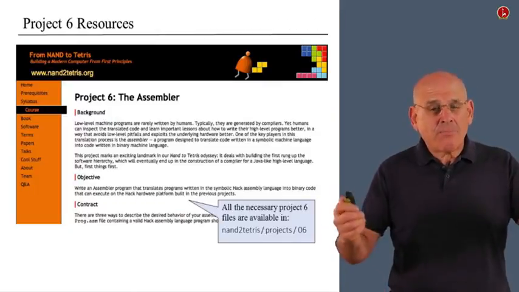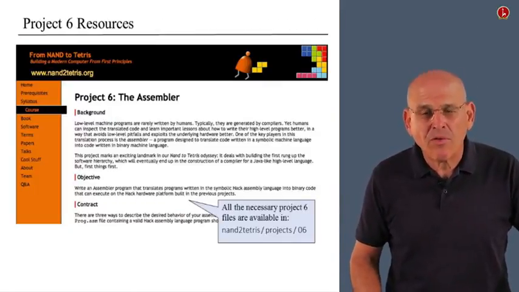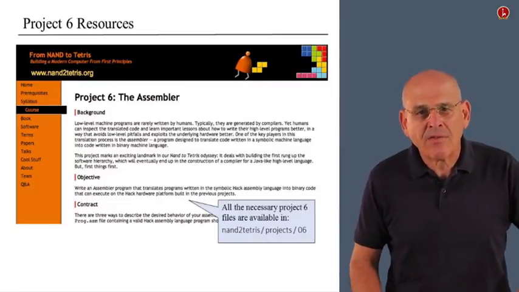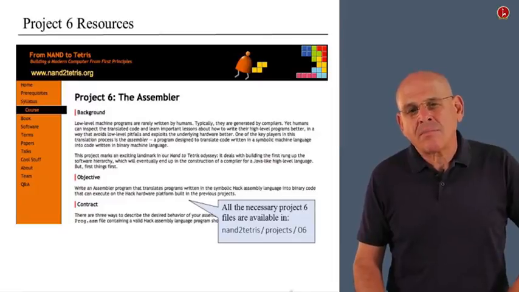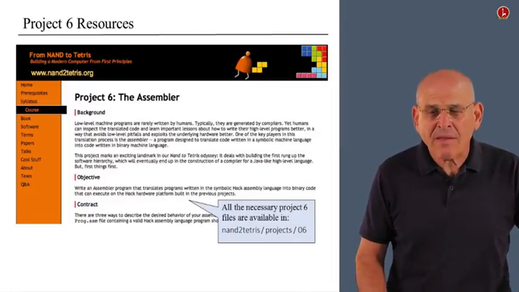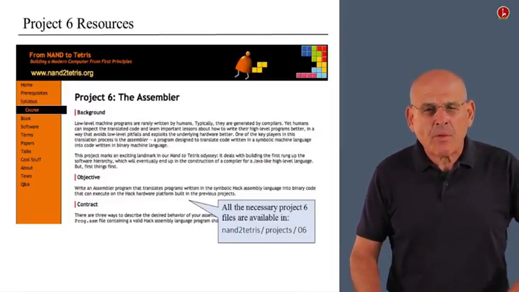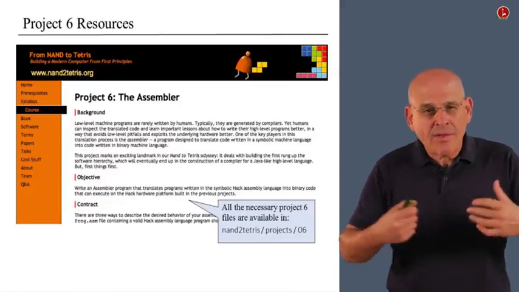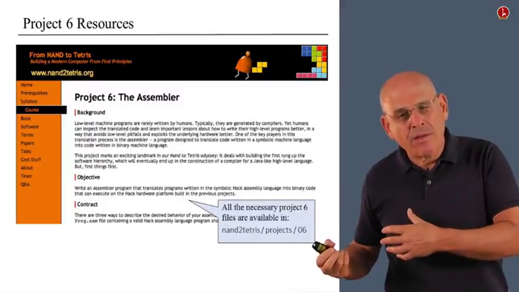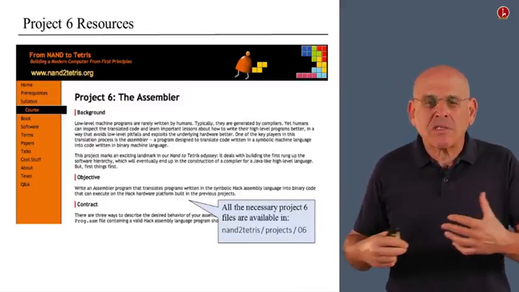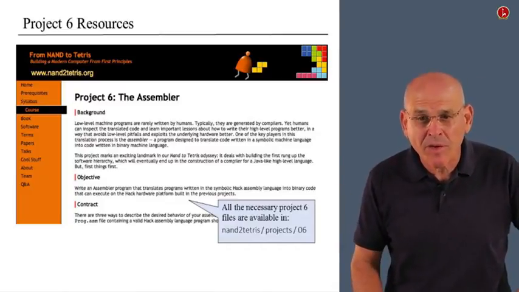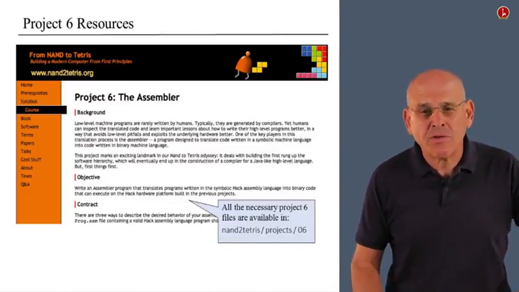So this basically sums up what you have to do. All the resources that you need are available in the NAND to Tetris website, and the website describes the supplied files. There's no need to download anything, because if you downloaded the software suite at the beginning of the course, then all the files that you need for this project are available on your personal computer in the project/06 directory.